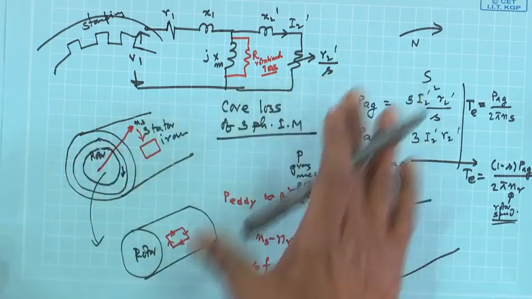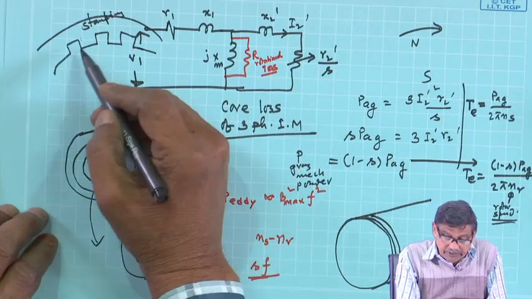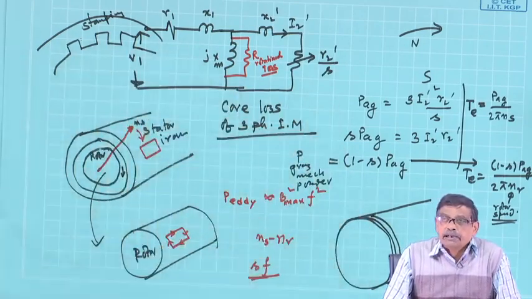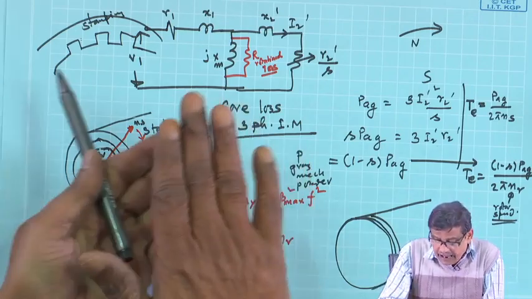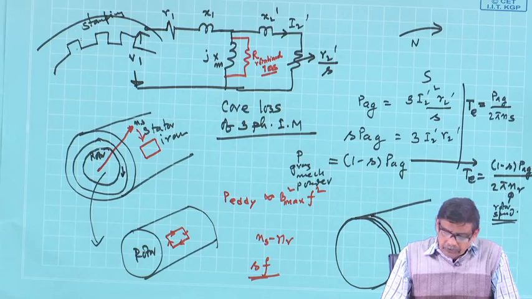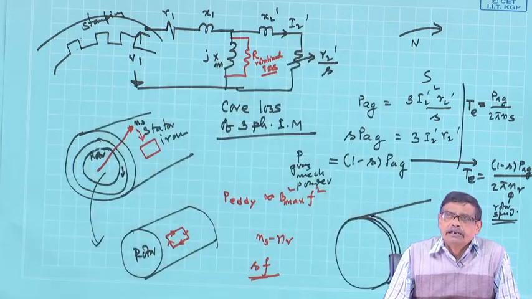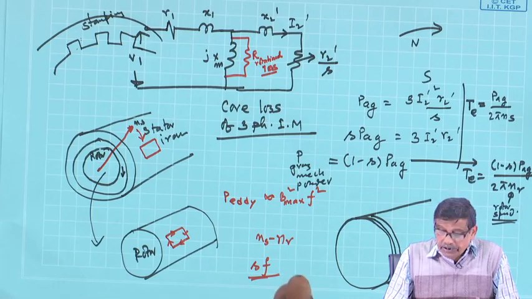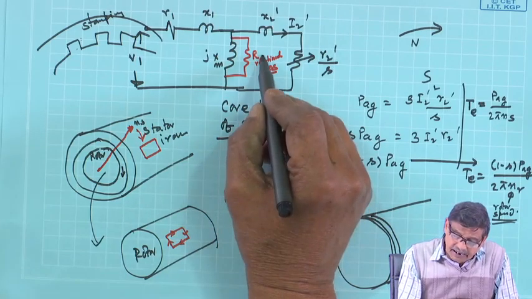So, thin plates of circular plates, slotted circular plates you take, which are insulated from each other by a varnish coating and stack one above the other to get the length of the machine. So, stator is to be definitely laminated, okay? Thin plates to reduce this or to make this high.